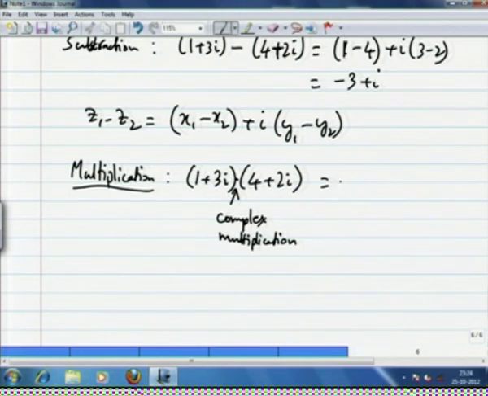That is 1 times 4, plus 3 I times 2 I, plus 3 I times 4, plus 2 I times 1.